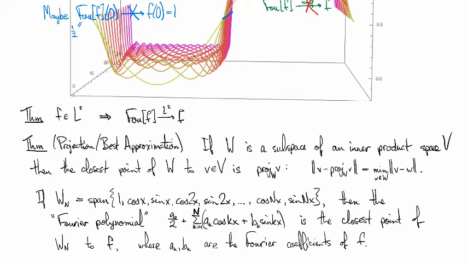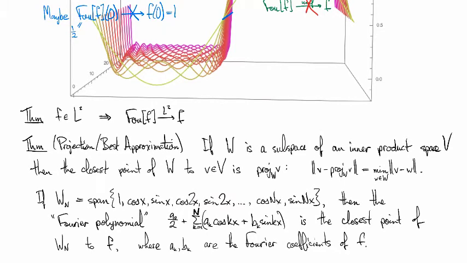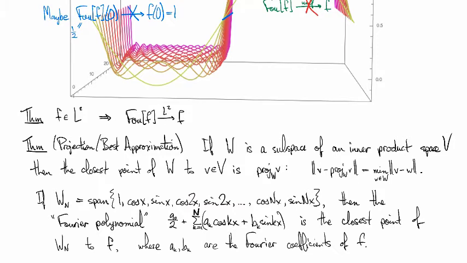So in other words, this Fourier polynomial, this nth partial sum, is in fact the projection of f to this W sub n. Okay, and since we're in an inner product space, there's a couple other things that we can say.